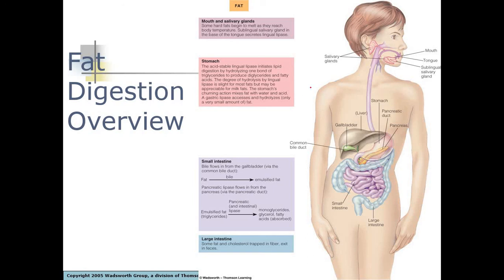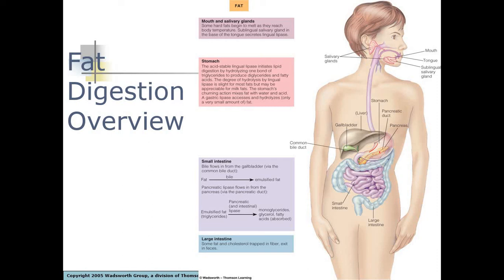So from the mouth, you have lingual lipase, diba? So gikan pa ka sa mouth na nanay lingual lipase that helps in the digestion. So once it goes to the stomach, diba? If you compare this with amylase, diba sa amylase kay sa carbohydrate nga digestion, ang amylase is ma-inactivate siya diri because the stomach is very acidic, diba?